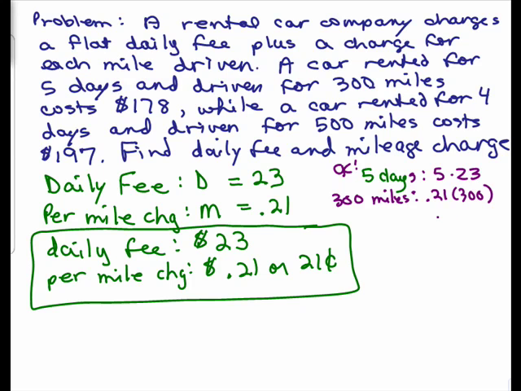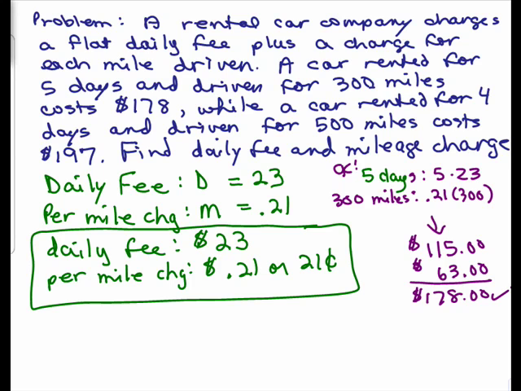Well, 5 times 23 is $115, and 0.21 times 300 is $63. And that's $178. It said that if you rented a car for 5 days and drove it for 300 miles, it should cost $178. Cool. That worked out.